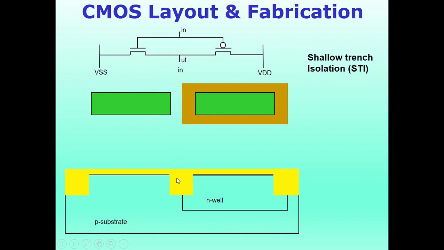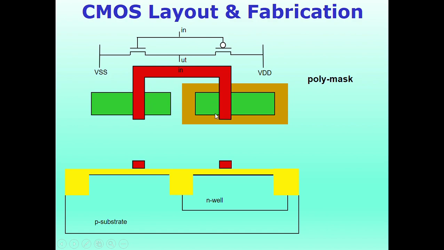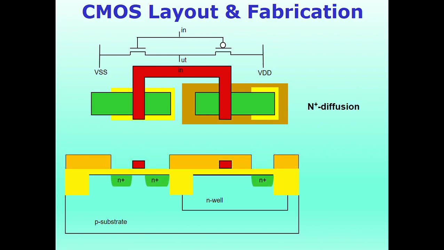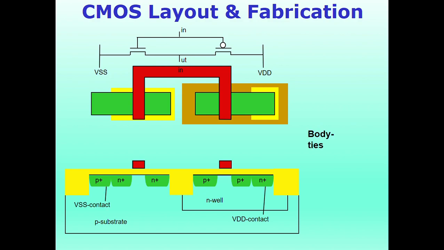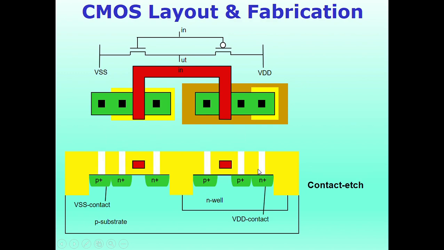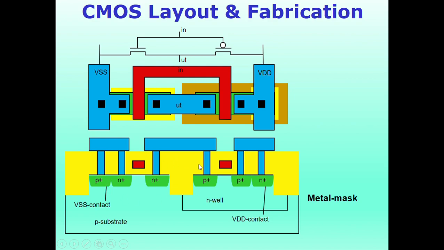Here you can see poly mask, N plus select, N plus diffusion, P plus diffusion, VDD contacts, body ties, VSS contacts, field oxide, contact mask, contact etching. Here you can see the etching, and metal mask.